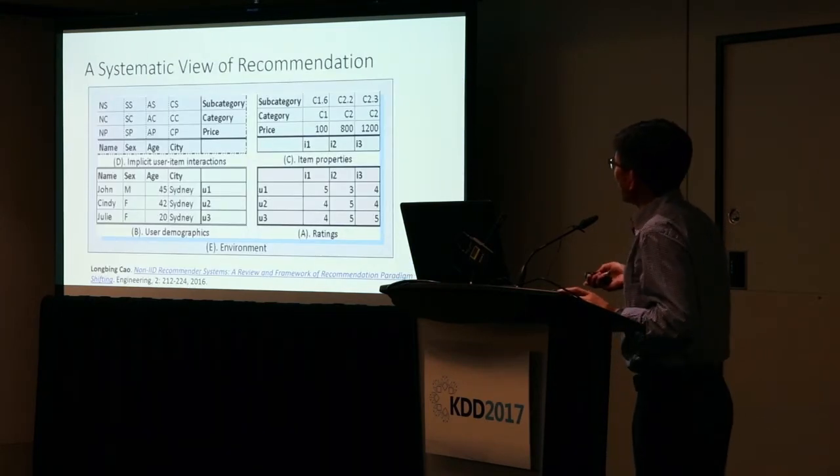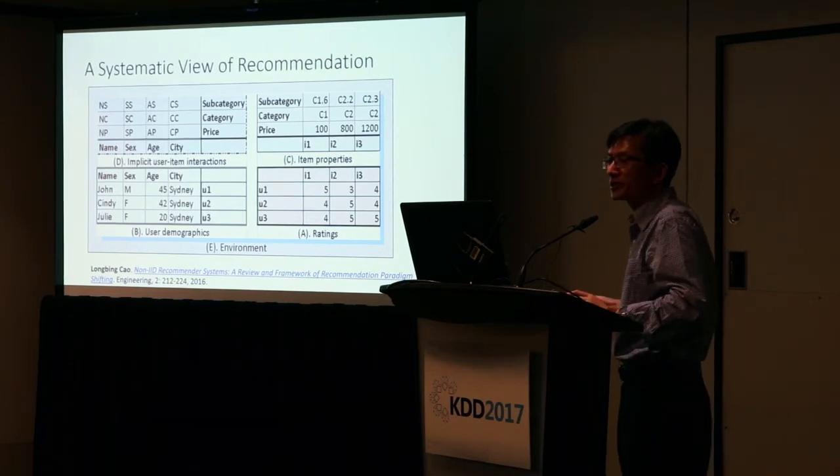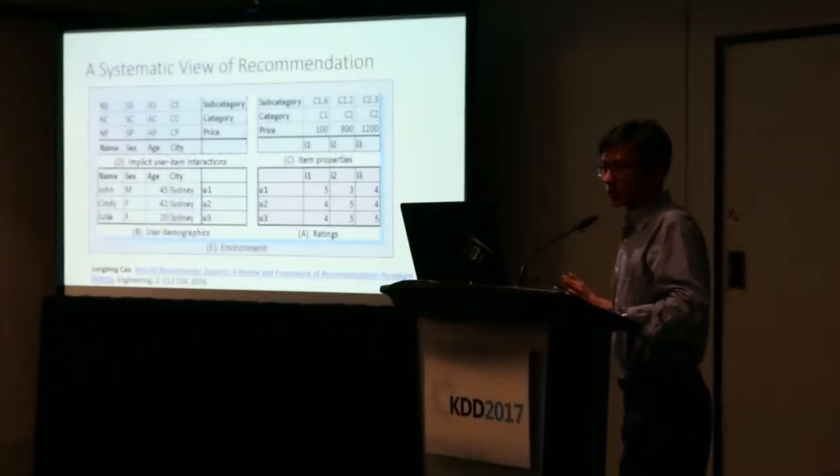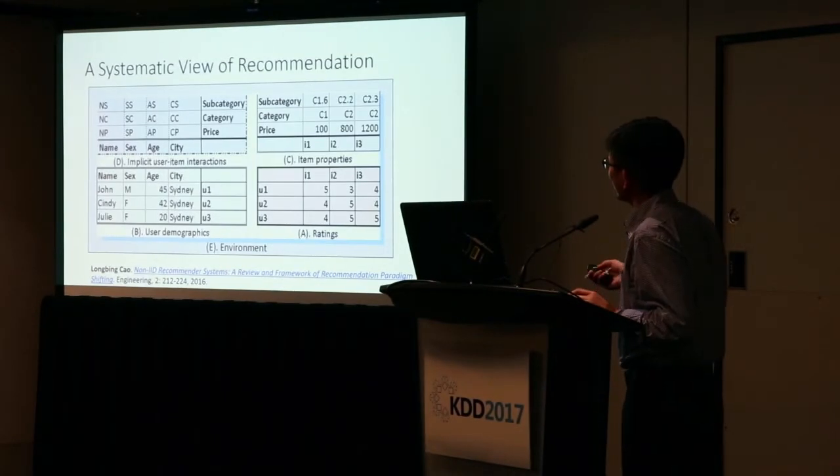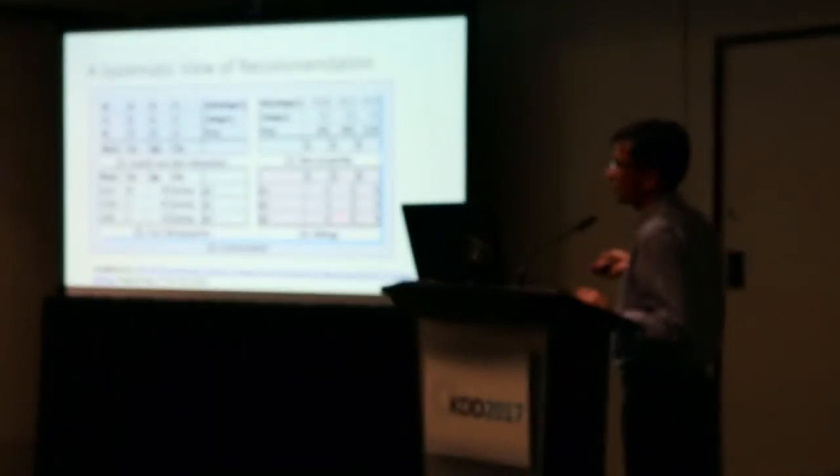This is the systematic view of the information related to a recommender system. Basically there are five key information sources behind it. One is the rating table, right?